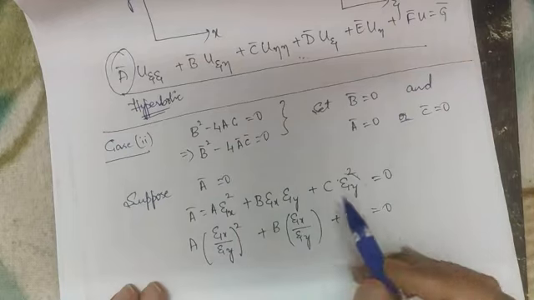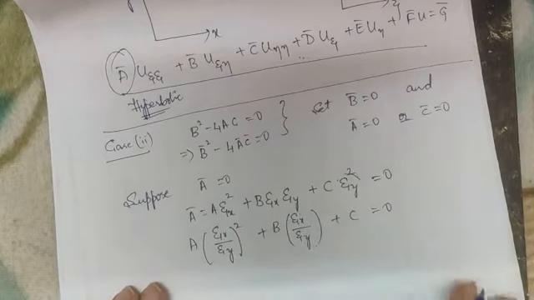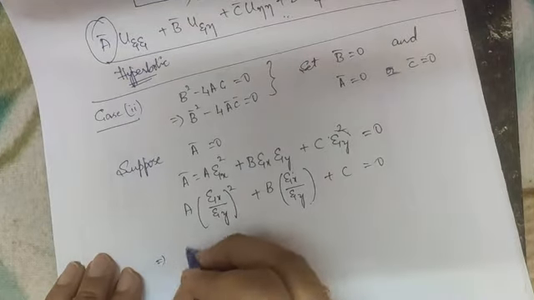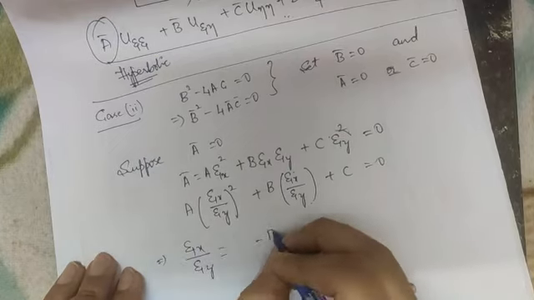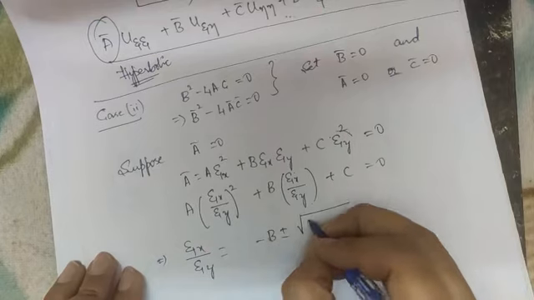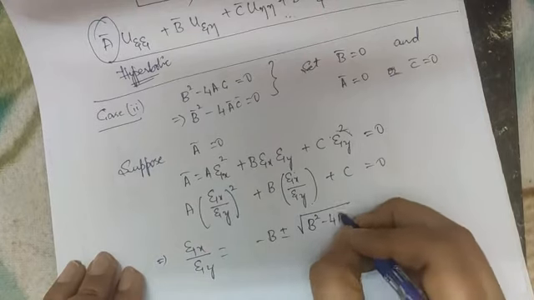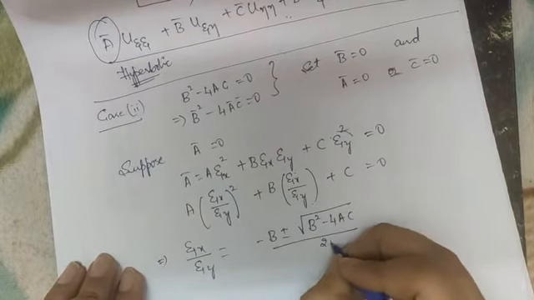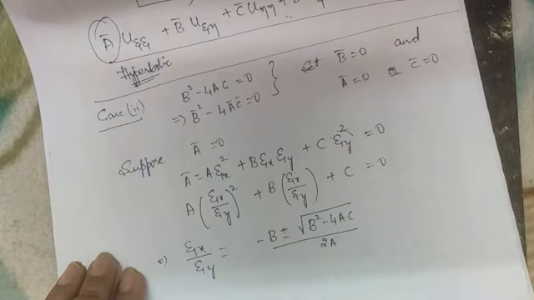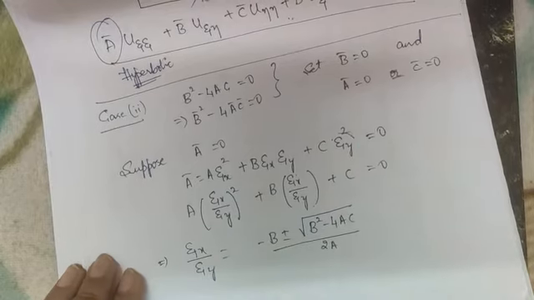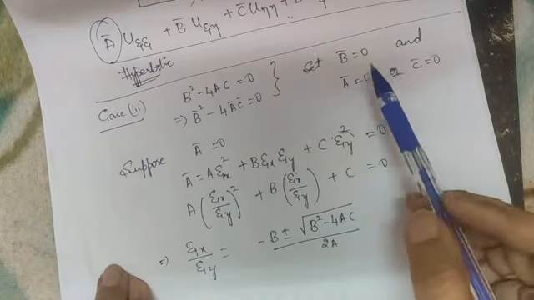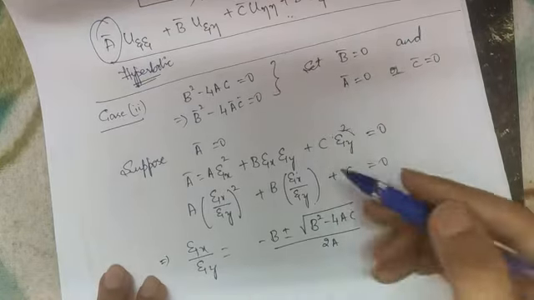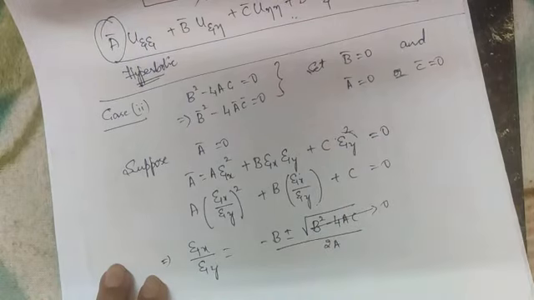So here my unknown is xi_x by xi_y. We can write the expression for xi_x by xi_y as minus b plus or minus square root of b square minus 4ac divided by 2a. According to the case, since this is parabolic, this whole square root term is 0.